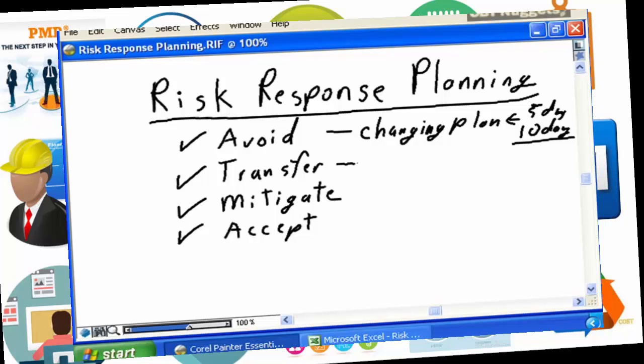Transference. Effectively making the risk someone else's problem. Now, this is not as negative, not as bad as it sounds. The most common form of risk transference is buying insurance.